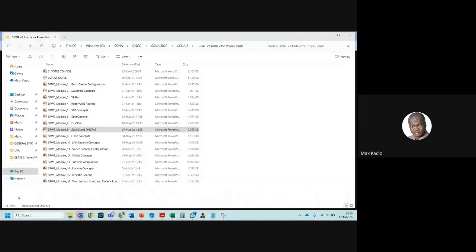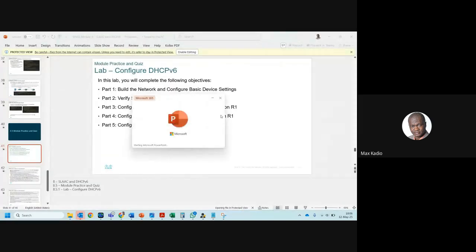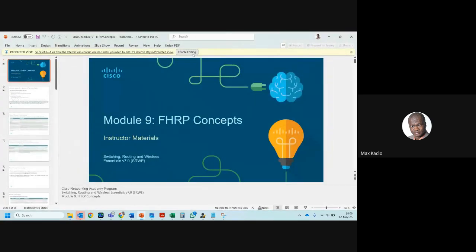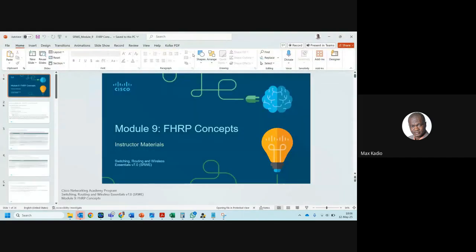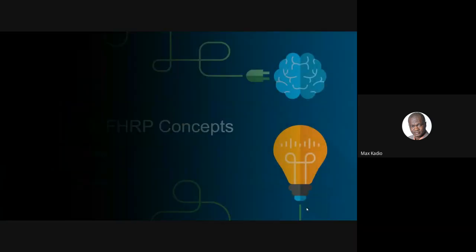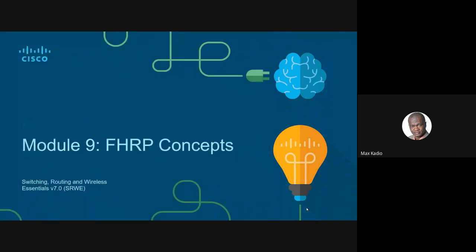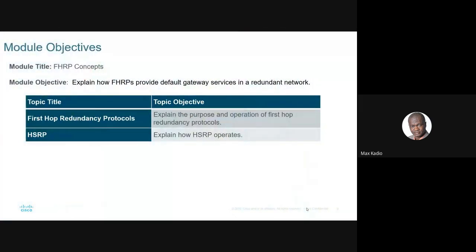The chapter that is most important is the FHRP. It's very simple, one minute and you should know it. I'm going to show you. What is it about? First hop redundancy protocols.